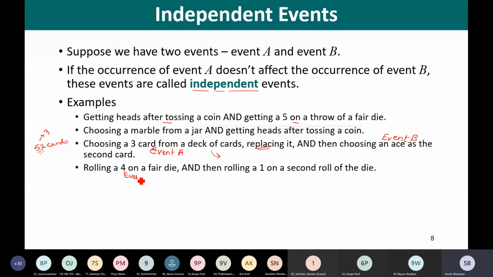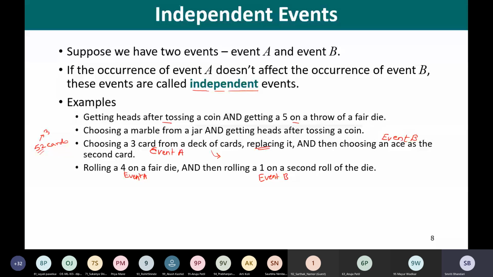So whether these are affecting, this is event A and this is event B. I'm rolling the fair die for the first time and getting 4.